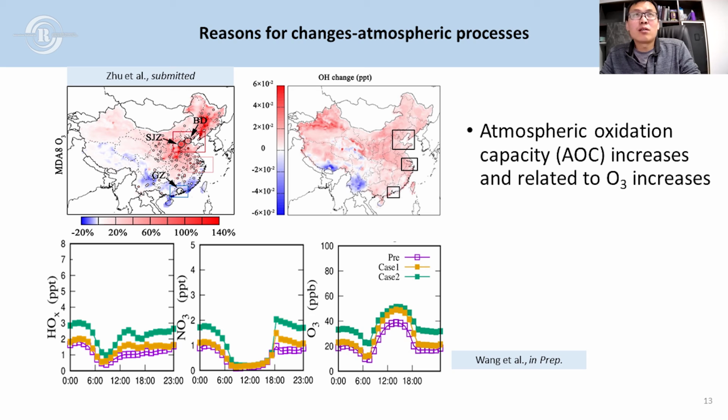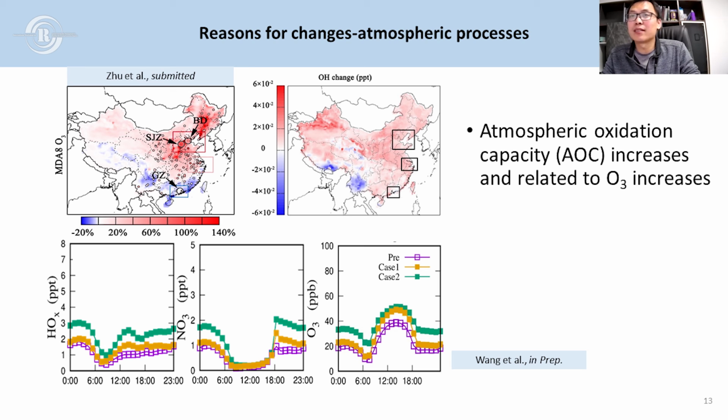One of our studies, which is in preparation, looks at when you have the reductions of NOx, especially NOx from vehicles, the atmospheric oxidation capacities increase. So this is an indicator for the major oxidants in the atmosphere, including OH, NO3 and ozone.